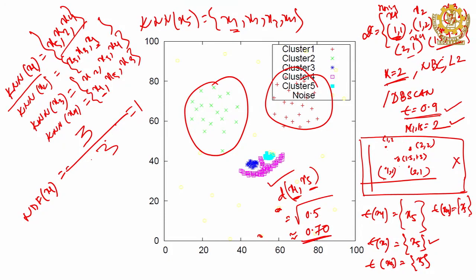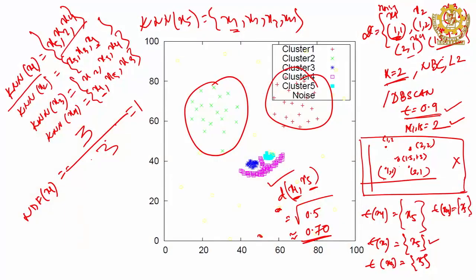So, NDF value 1 means this is a core point. It is an even point, but still you can start exploring the points. So, this is the first cluster point and then you can explore all its neighbors.